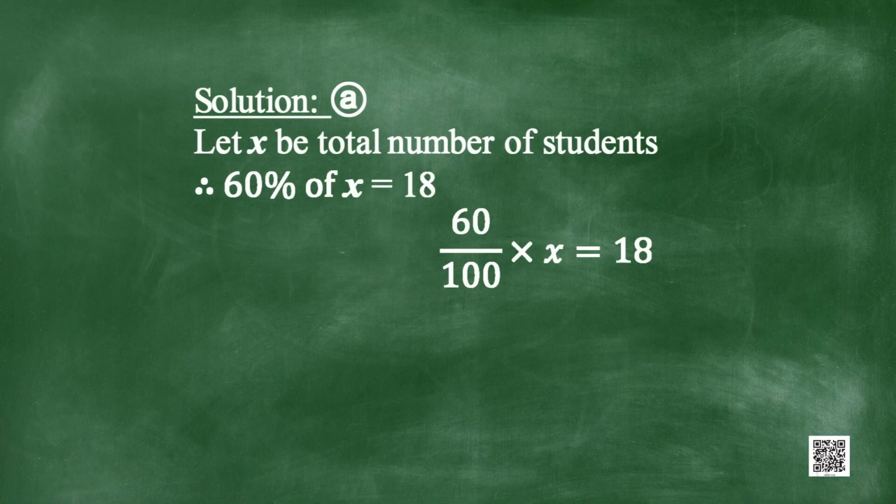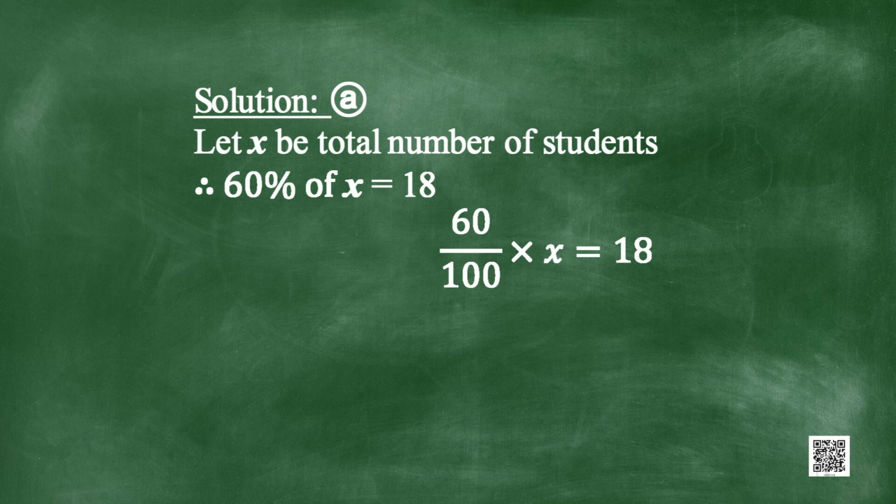Well, students, now let us try to solve one by one. The first question asked was the ratio of the number of girls to the number of boys in the class. Firstly, assume the total number of students in the class as x, and it is given that 60% of the total students are girls. So, 60% of x are girls, which is equal to 18.